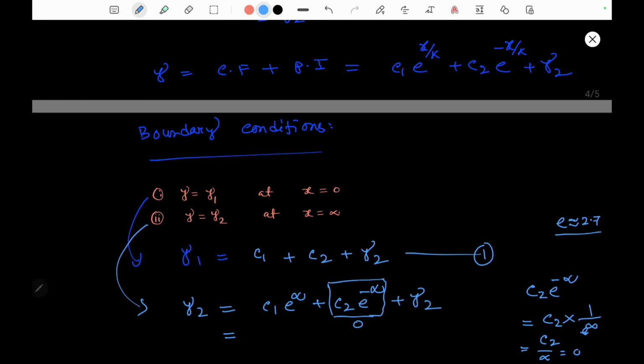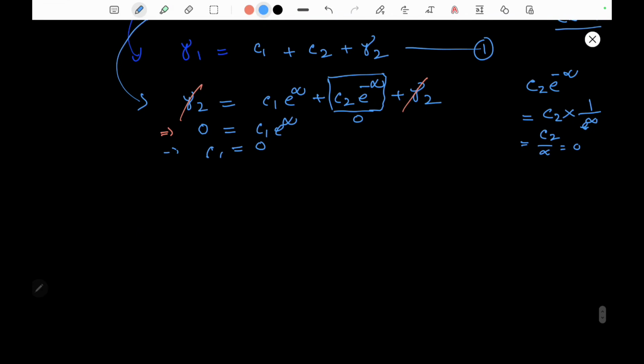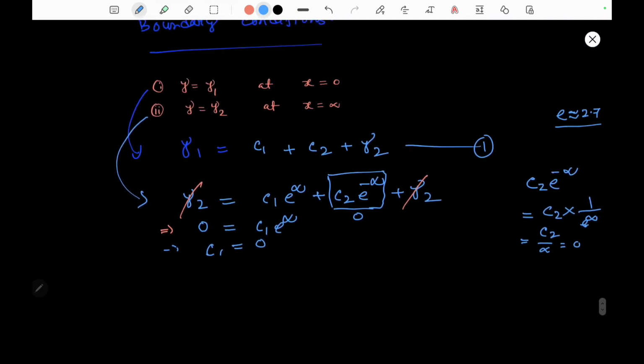So this term is 0. I have written it here. And now y2 and y2 are there. So if I just cancel these, then we are getting c1 e to the power infinite equal to 0. So c1, obviously, you can see, will be 0. So we are getting c1 as 0.